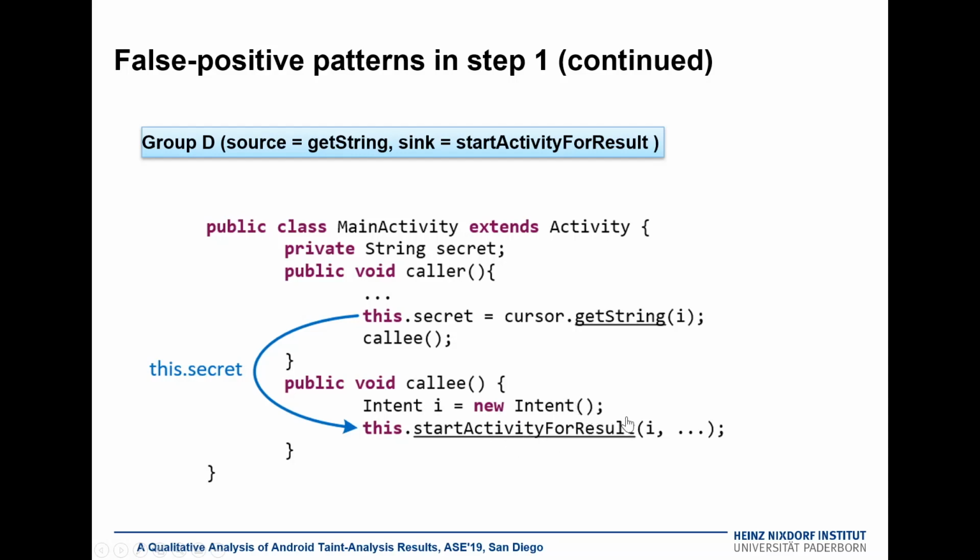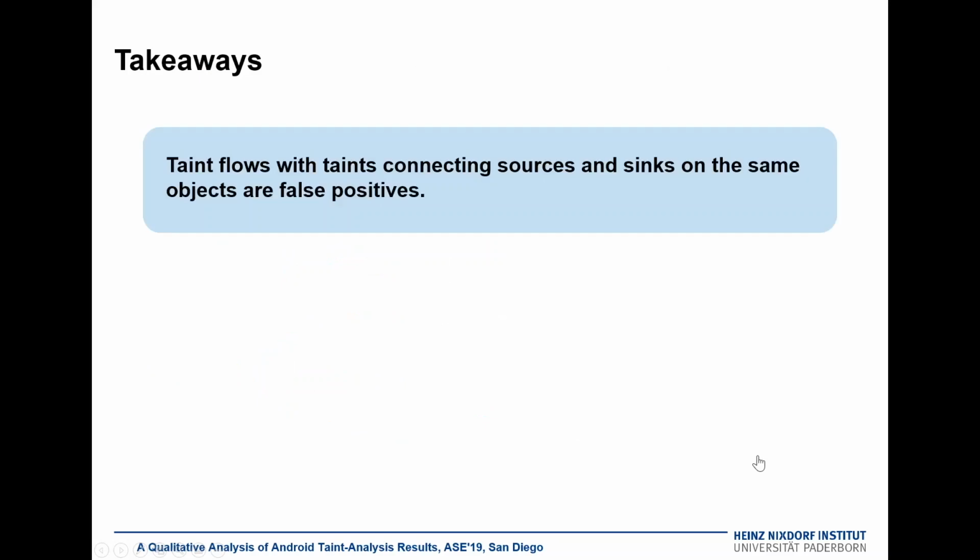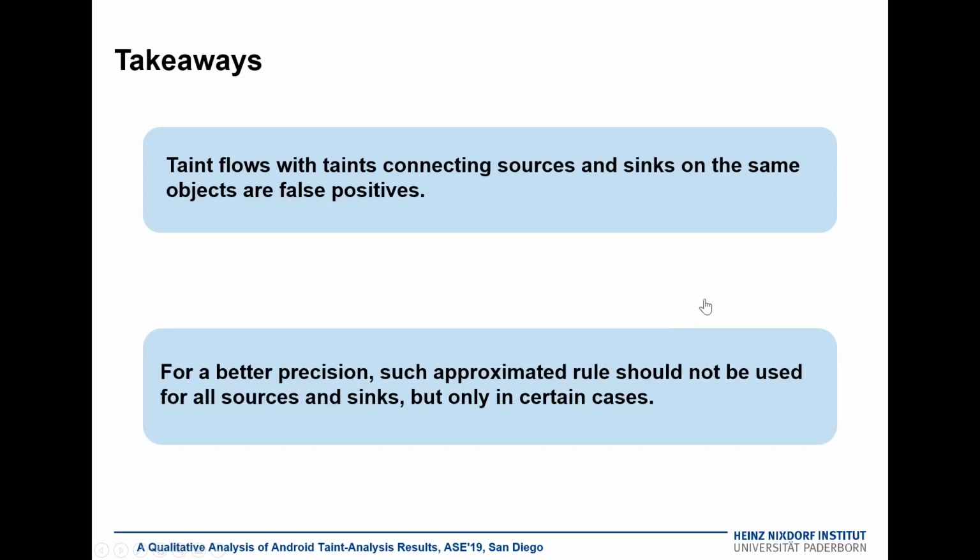So this data leak doesn't make any sense here. It turns out that all taint flows with intent-connecting sources and sinks on the same object are actually false positives. So for better precision, such a rule should not be used for all sources and sinks, but only in certain cases.